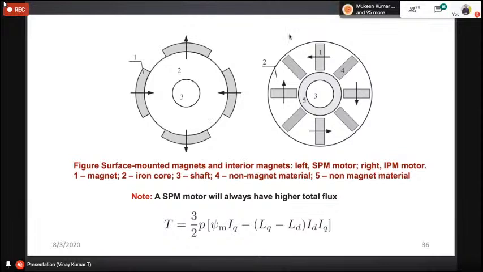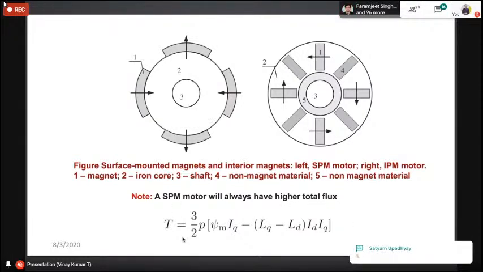This is called the interpole axis. Interpole axis reluctance is less. So what are the conclusions? In figure 1, magnetic axis and interpole axis reluctance are the same, but here the magnetic axis reluctance is more and here reluctance is less. That's why, with respect to magnetic flux, air gap reluctance is non-uniform. If air gap reluctance is non-uniform, automatically reluctance torque enters the picture.